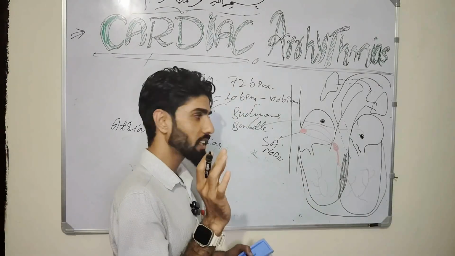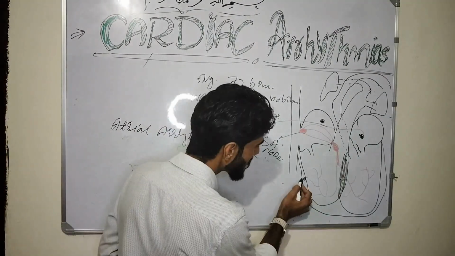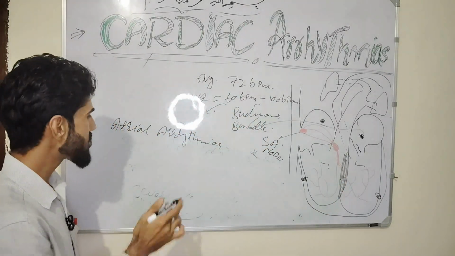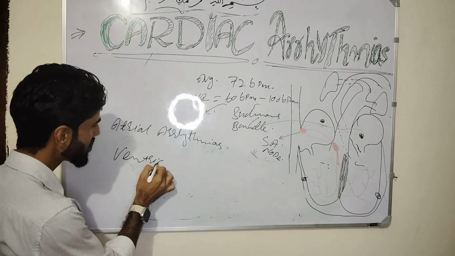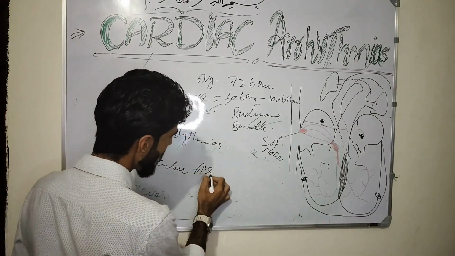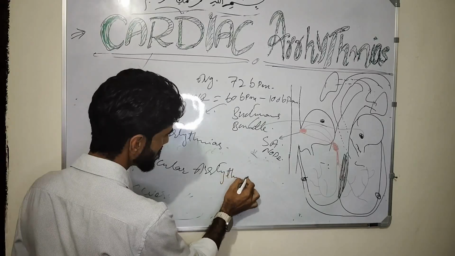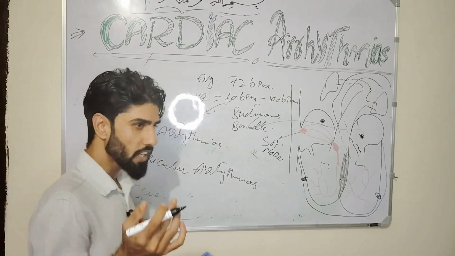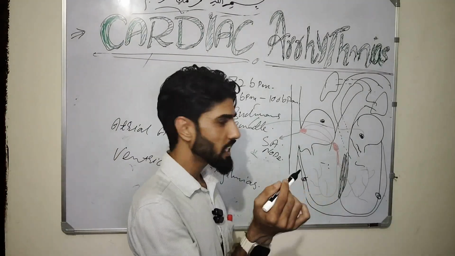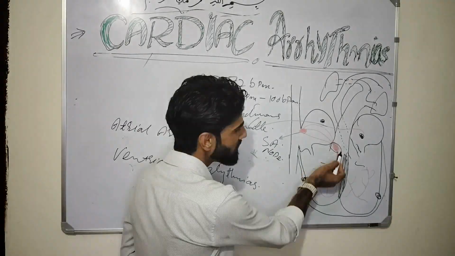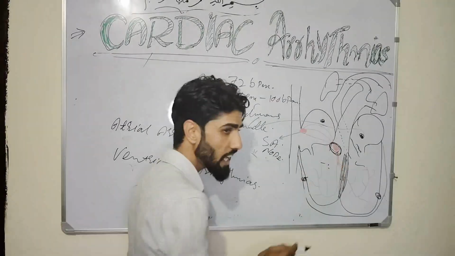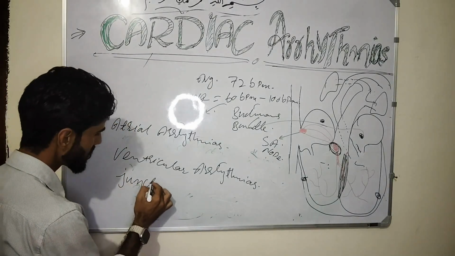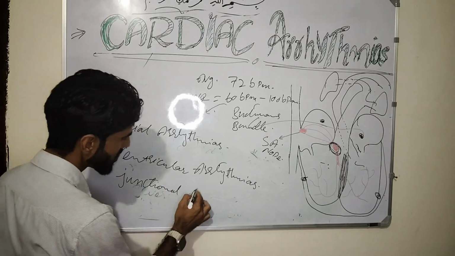If the arrhythmias are happening in the ventricles, those conditions are called ventricular arrhythmias. If the arrhythmias are happening in the AV node, those conditions are called junctional arrhythmias.